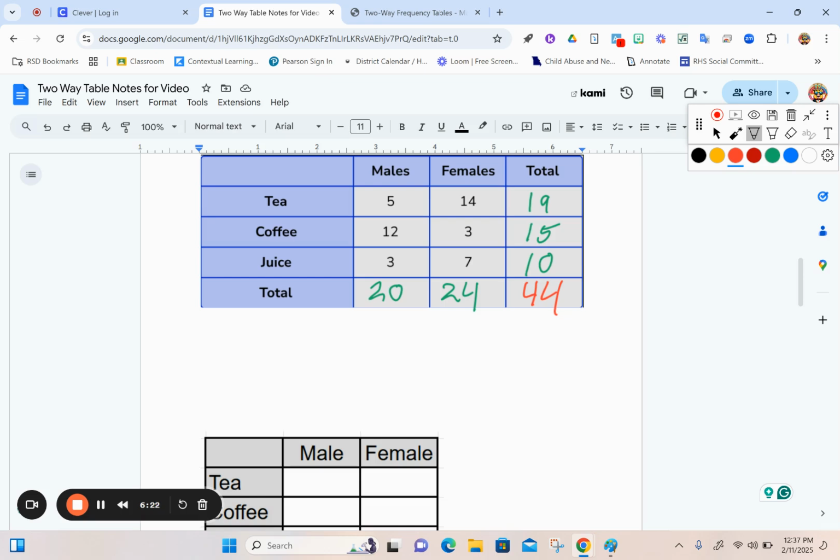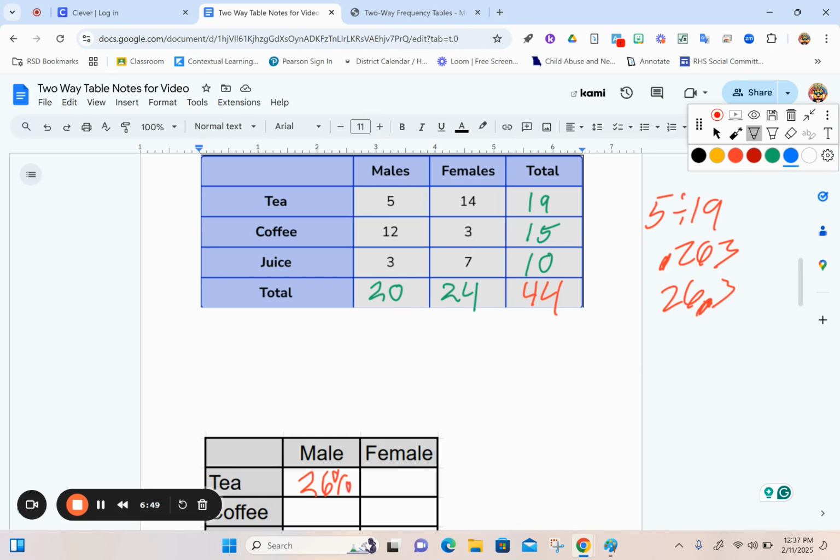So if I'm looking for T, male, this box here, I'm going to do my 5 divided by 19. That's going to be 0.263 times 100, 26.3. So that's going to be 26%.